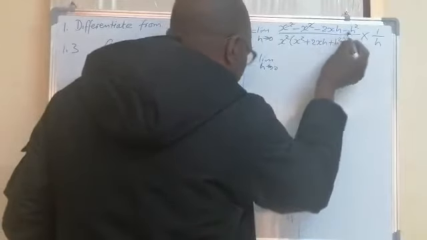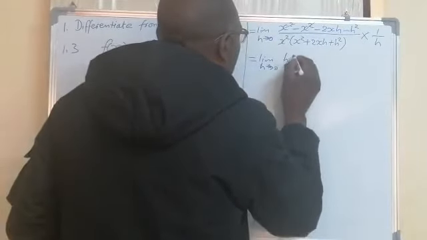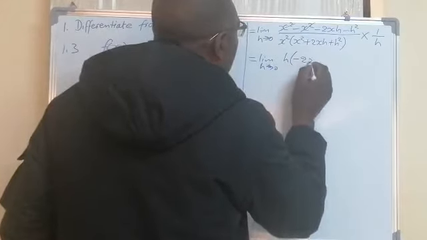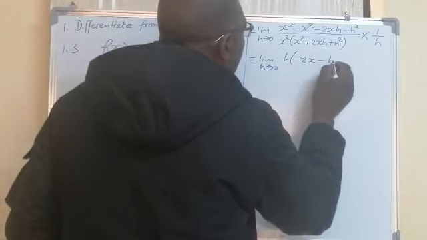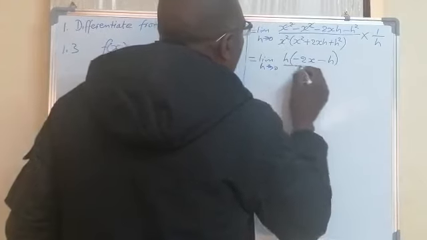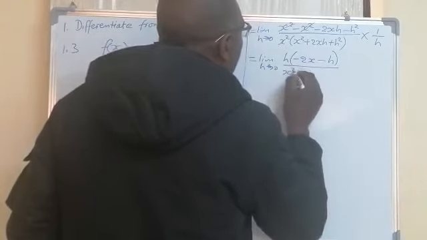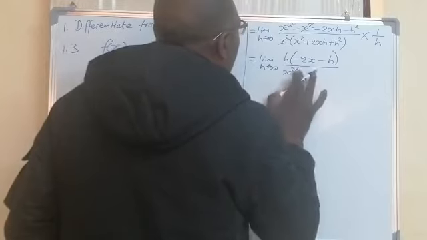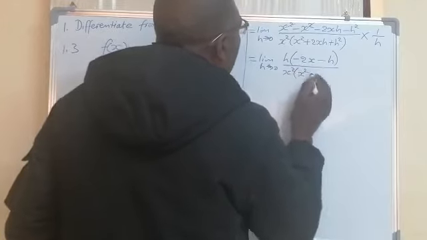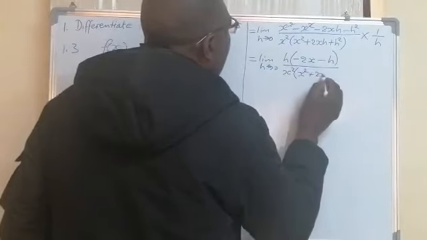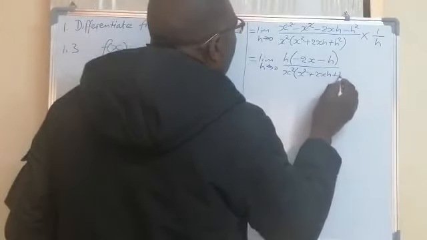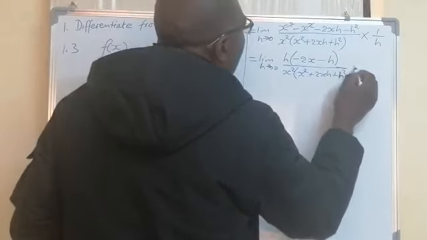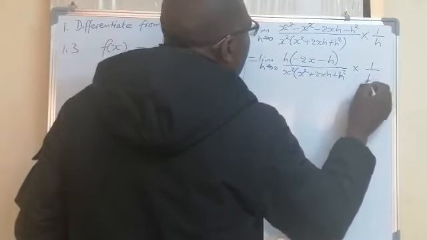When you factorize, we have to factorize h, so we keep the signs inside the bracket, minus 2x minus h, all over x squared into x squared plus 2xh plus h squared, multiplied by 1 over h.